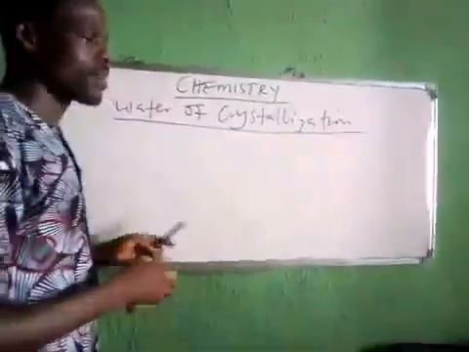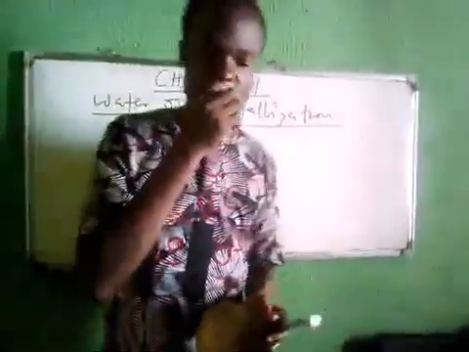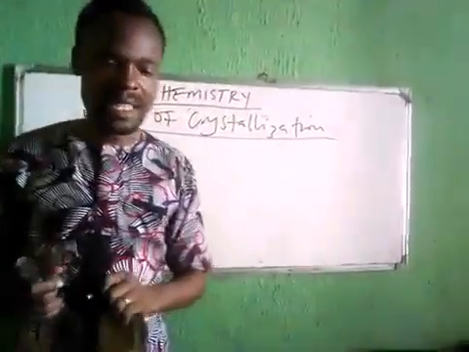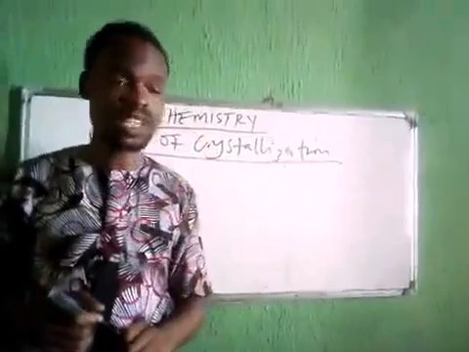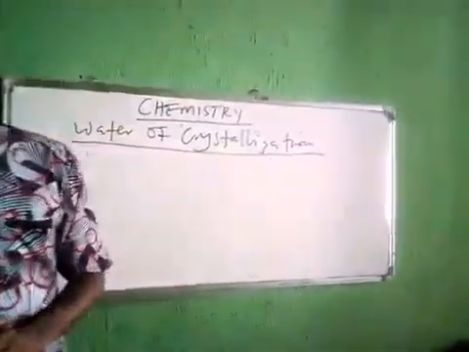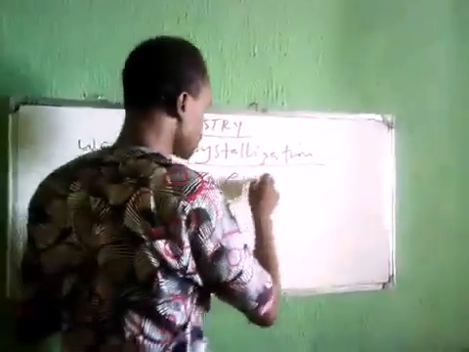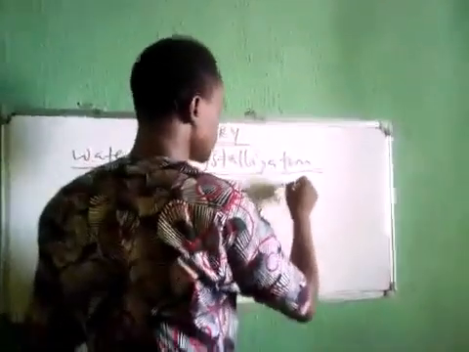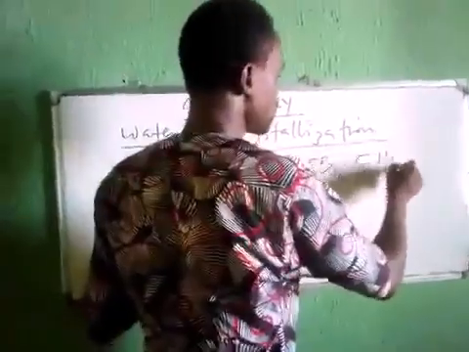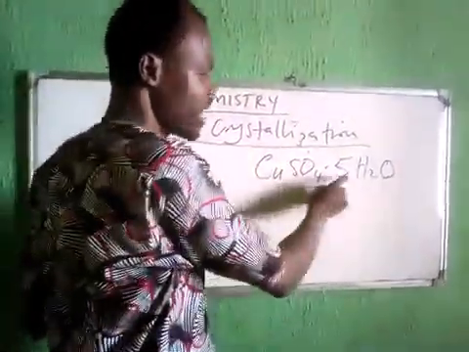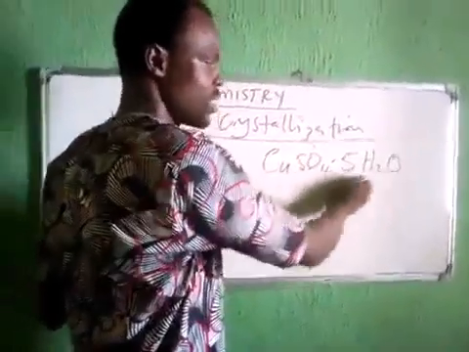Okay? So today we'll be looking at how we perform some calculations on water of crystallization. But before that, let me give you some other salts that contain water of crystallization. A very good example is copper(II) sulfate pentahydrate. The naming is still the same, just that you end it with the number of molecules of water.